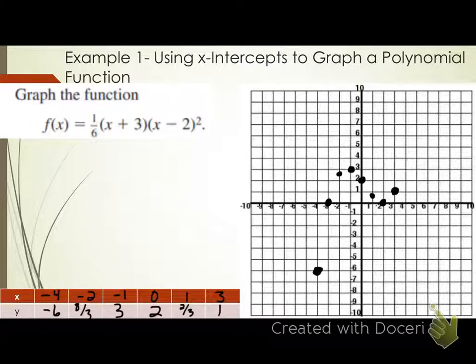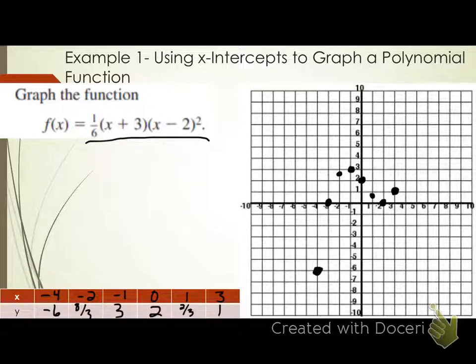Another thing that's going to help me is knowing the end behavior of my polynomial function. Remember, with end behavior, we want to know if our leading coefficient is positive or negative, and if our degree is even or odd. If I were to multiply all of this out, I'd start with x minus 2 times x minus 2, because it's x minus 2 squared.